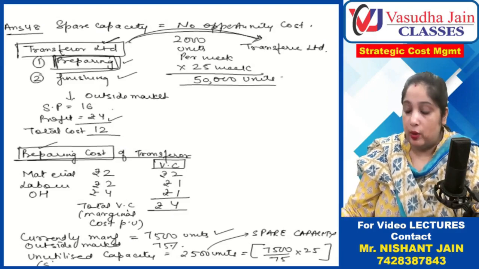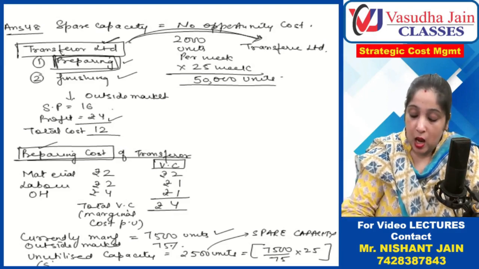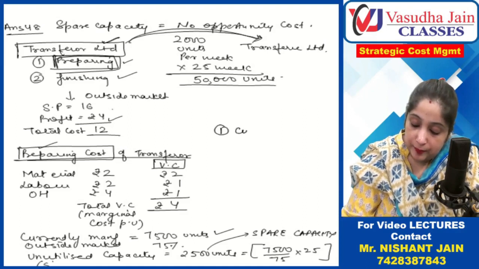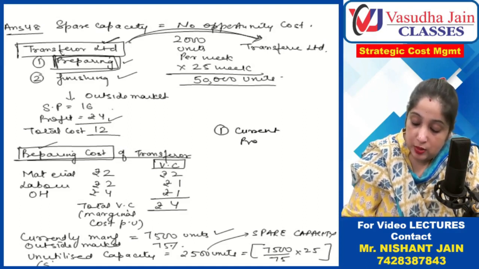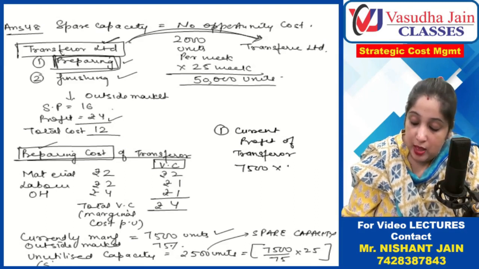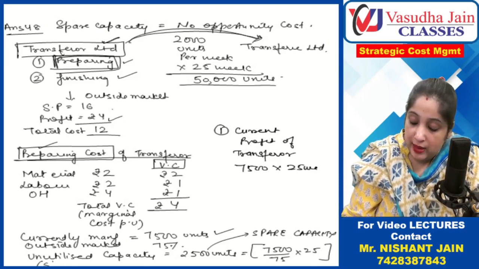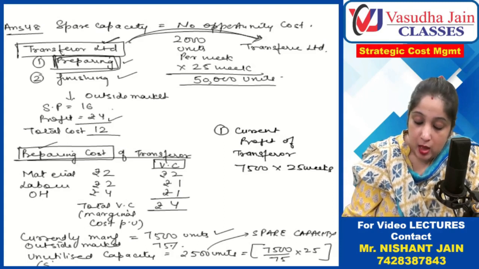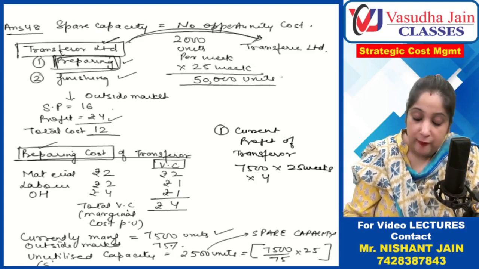And let me also compute for you how much is the current profit of transferor. Transferor is currently selling in outside market 7,500 units per week. So in 25 weeks it sells this many units, and every unit it is making 4 rupees of profit.